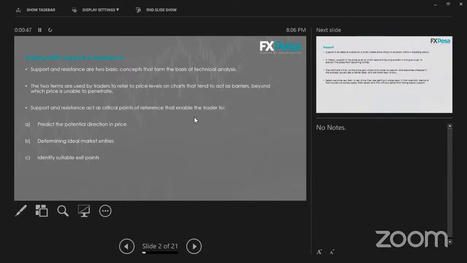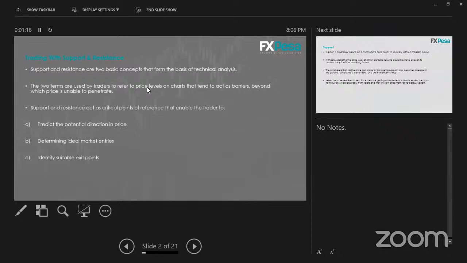By drawing some lines or zones, you can identify if the market has a demand or a supply. So we normally use support and resistance. They are just two lines that we draw to act as a point of reference, where we should take the trade and exit the trade.